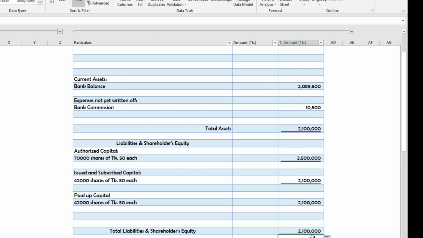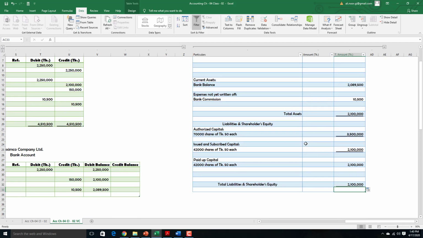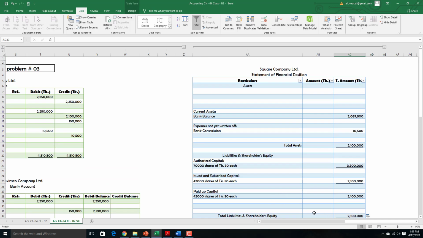To prove the statement of financial position, you already know that total assets must be equal to total liabilities and shareholders equity. This is the solution of our second practice problem, and this is how to prepare the statement of financial position.